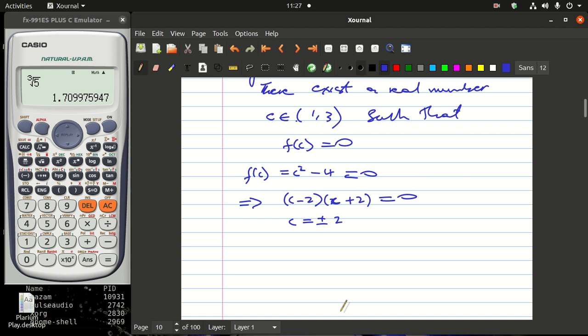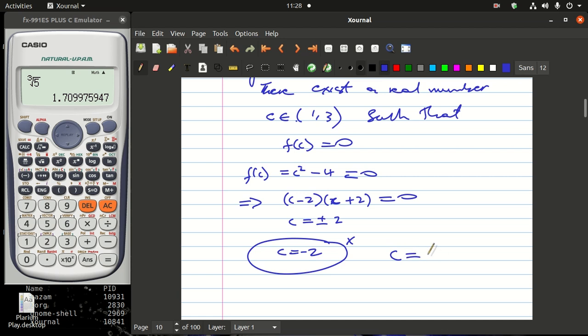Now, if you look at c equal to minus 2, when I plug it in here, I get 0. But this value is not inside the interval, because minus 2 is less than minus 1, so it's not contained inside. Let me say this one is not the one.